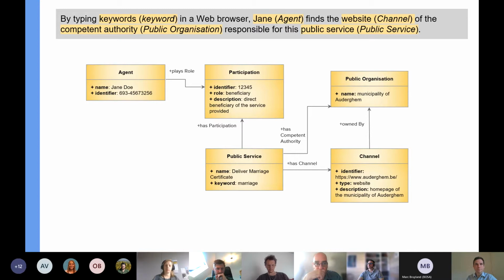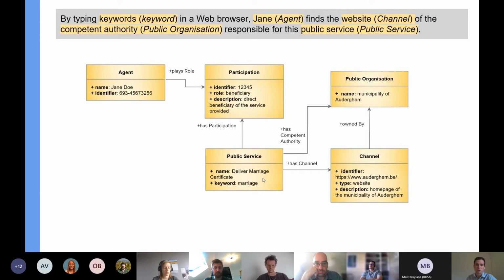And then what is also important is that you identify why Jane trusts this website, because she sees that it looks like the official website of the municipality. So it's basically a channel that is owned by the municipality of Oudergem, the public organization behind it, which is also the competent authority responsible for the public service from a legal point of view.